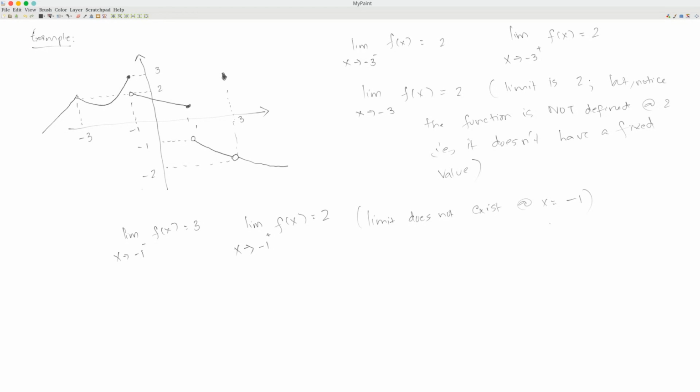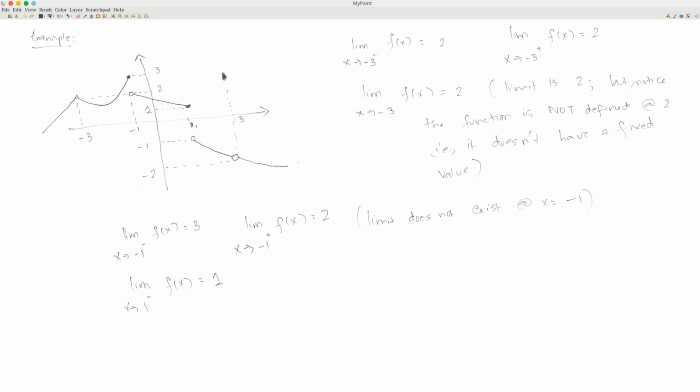We can look at 1 as you approach 1 from the negative side. So as I get closer and closer to 1, which is right here, the value of the function gets closer to that point right there, and let's say that value is 1. So I get 1.